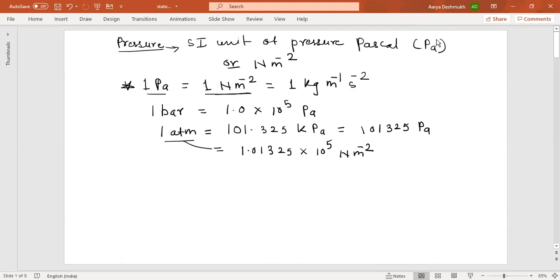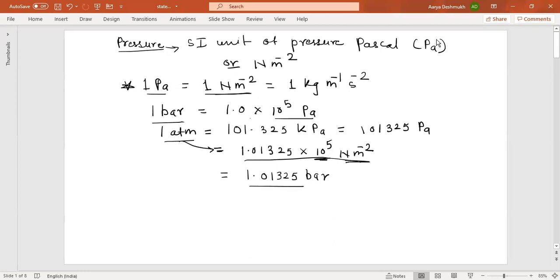So this conversion you will need often, to convert atmosphere into Newton per meter square, and so on. Which is equal to again 1.01325 bar. Okay, because 1 bar equals 1 into 10 raised to 5 Pascal. You just have to remove this 10 raised to 5, you will get this figure.